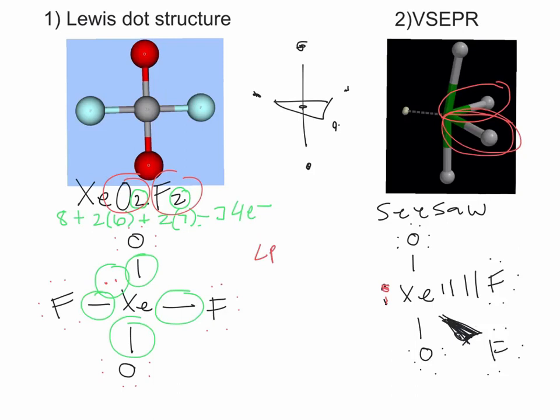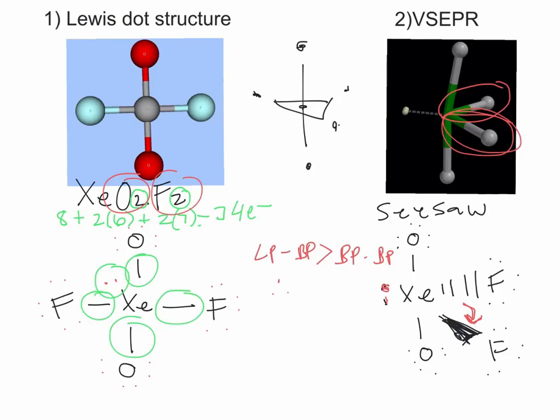So lone pair to bonding pair repulsion is greater than bonding pair to bonding pair. Therefore, these angles here will be less than their original trigonal bipyramidal shape.